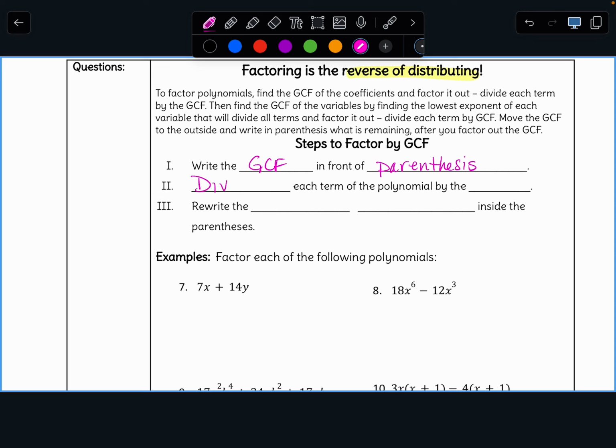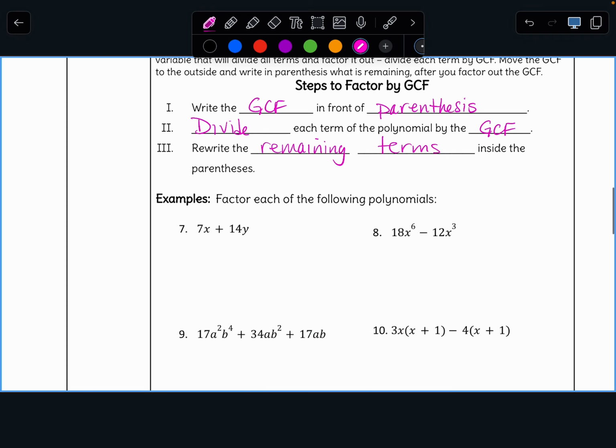Then we divide each term of the polynomial by the GCF, like we did yesterday. And then we rewrite the remaining terms inside the parentheses. So we find the GCF, we write some parentheses, we divide, and whatever's left over goes inside the parentheses.